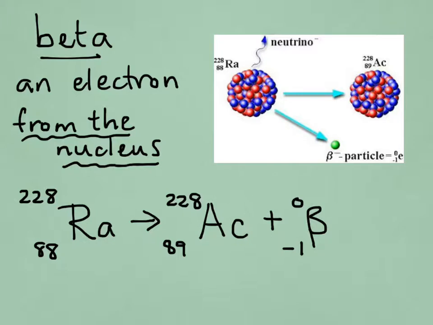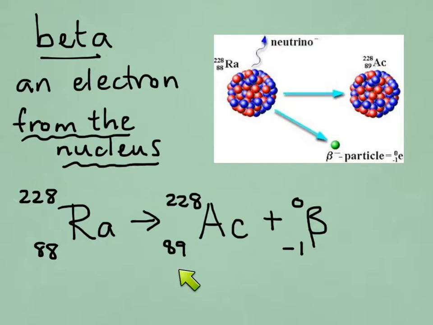Now, if we start off with radium and it had 88 protons, it also had 228 nucleons altogether. So when one of the neutrons turns into a proton, we still have the same number of nucleons. That hasn't changed, but we've gained a proton.